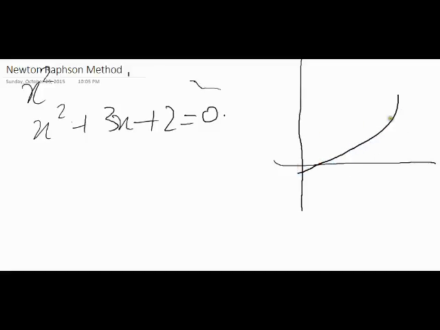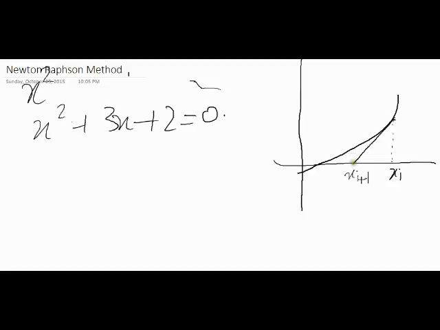That graph cuts the x-axis at some point. Let us take an arbitrary point somewhere on the curve, like here, and drop a perpendicular to the x-axis. Name this point xi. Now we will find the tangent of the curve at this point and project this tangent to the x-axis, and wherever it cuts we name it xi plus 1 on the x-axis.